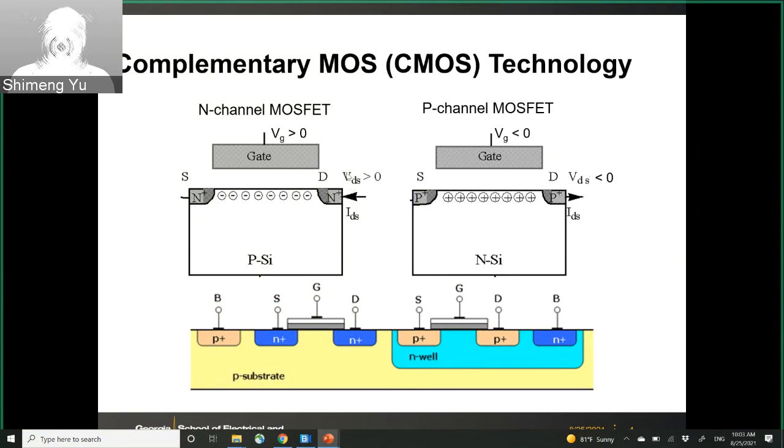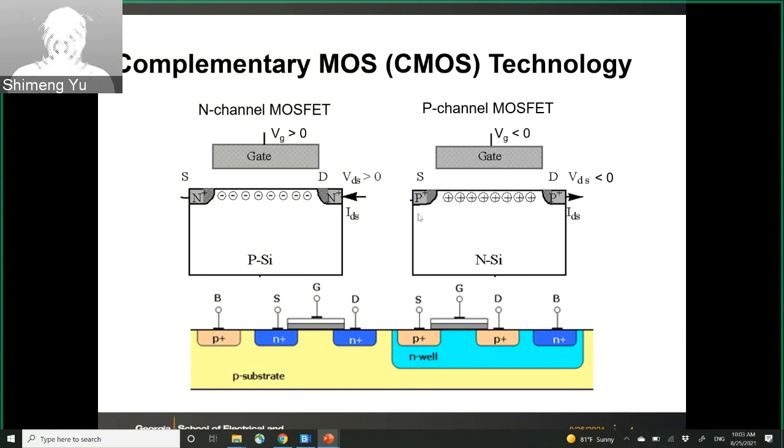Then with VDS, the drain voltage applied, you have current flow from the drain to the source, which means the electrons are flowing from the source to the drain. For PMOS, everything is reversed. All the voltage polarities are reversed, so you will have a negative voltage to turn on the PMOS, and the source and drain definitions will also be reversed.